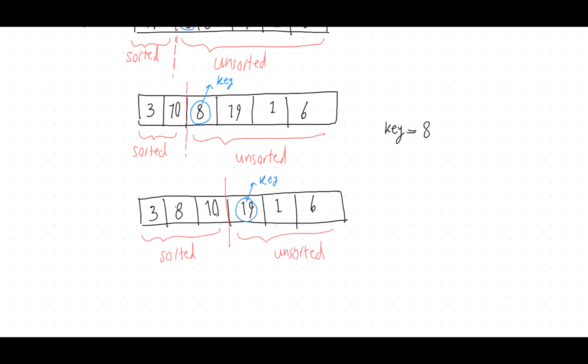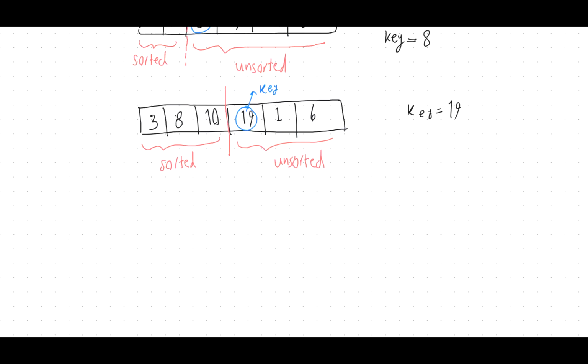So now we update the value of our variable key so that key is 19. And we repeat the same process, which means we compare the key with the previous element, and if the previous elements are greater than the key, then we move them to the right to make room for the key until we reach a place where the element that we see is less than the key, and then that means that's the place that the key should be inserted, right? And hence the name insertion sort.